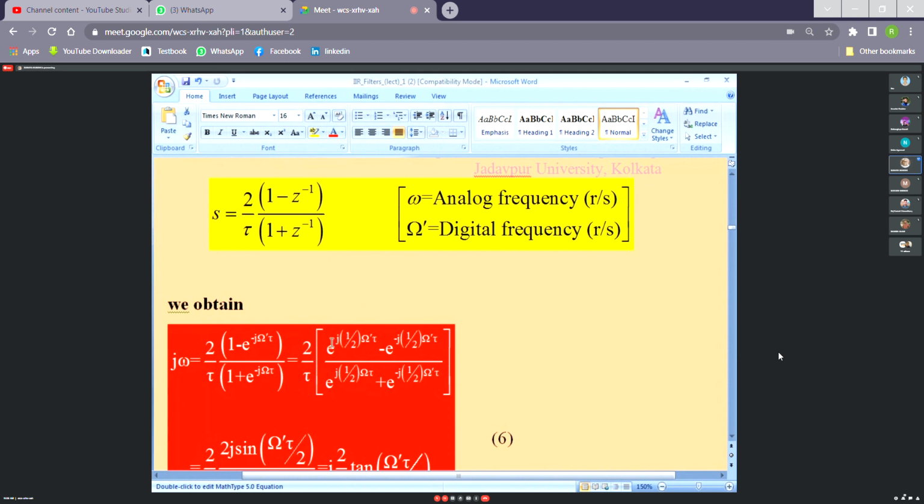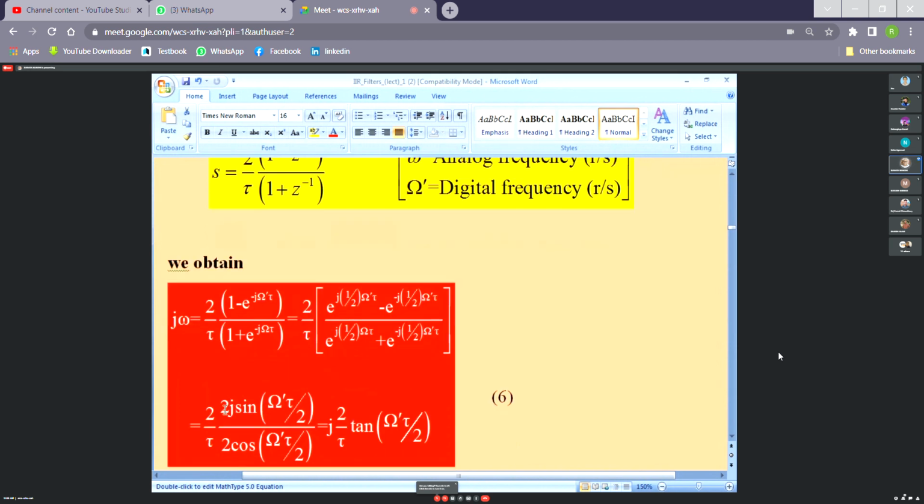In the denominator, if you multiply by 2 and divide by 2, it will become 2 cosine of omega prime tau by 2. So these two and these two in the numerator and denominator will cancel out. So j into small omega will become j into 2 by tau into tan of omega prime tau by 2.